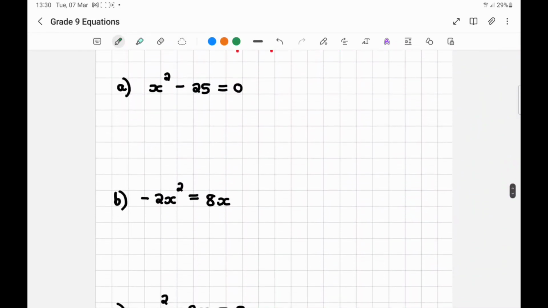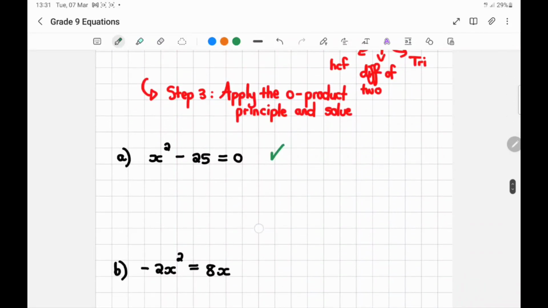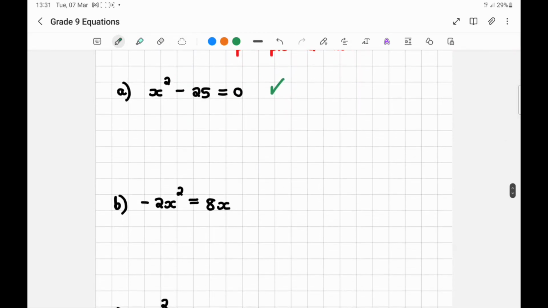Okay, so if you've got A, again, it is already equal to 0. So step 1, you don't have to stress about. Step 2, what type of factorization is this? Can you see that it's a difference of two perfect squares, which equal to 0? So the x splits, and then there's always a plus and a minus in the middle. The square root of 25 is 5. Thus, x is either negative 5.